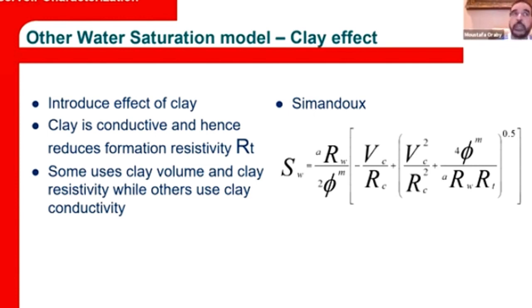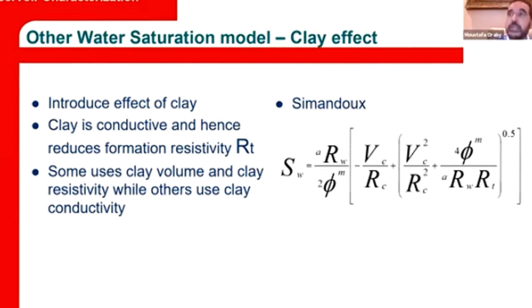So now, if you see that you have clay, calculate your clay volume, read your clay resistivity, and use Simandoux or any other model. There are so many models, by the way. I like Simandoux. It's very straightforward and easy to use.